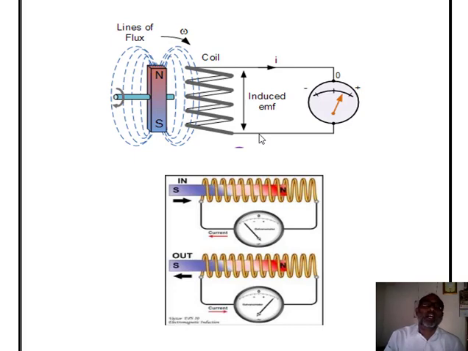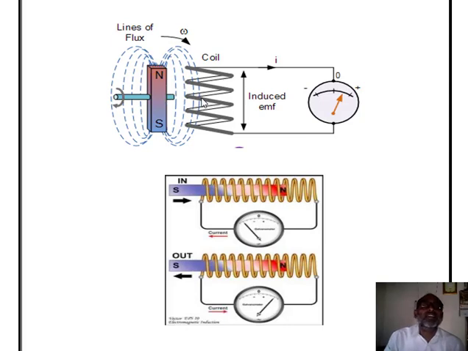Now you can see that this coil is placed near this permanent magnet, and whatever flux is produced by this permanent magnet is linked with this coil which consists of n number of turns. Remember, this is most important. Now there is a flux linkage. That means this flux is linked with this coil. Let me perform one practical.